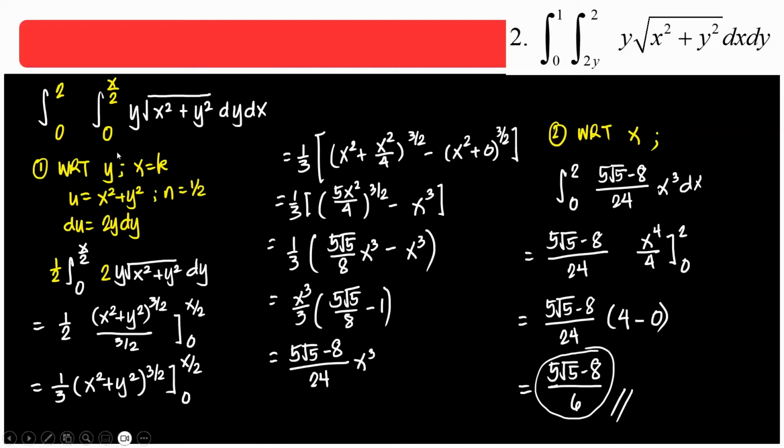Okay, so we integrated it first with respect to y. After that, it's with respect to x. With number 3, it's with respect to y and then with respect to x. So let's try for with respect to y, meaning x would be constant.